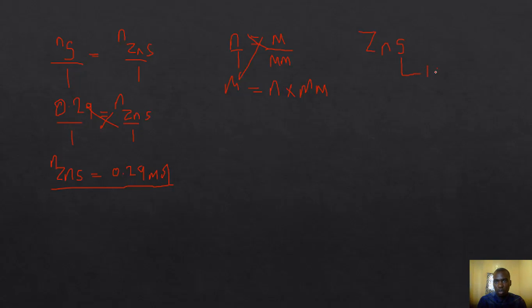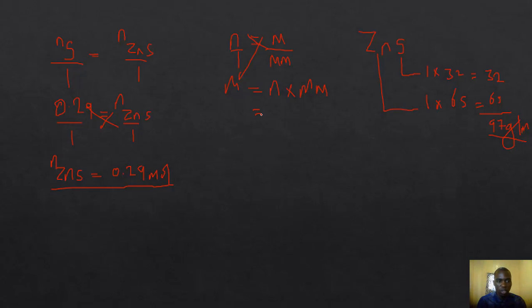This is 1 multiplied by the mass number of sulfur, which is 32. Then you also need zinc, 1 times 65. So this one will be 32, and this one will be 65. We add them: 2 plus 5 is 7, then 3 plus 6 is 9. So the answer is 97 grams per mole.